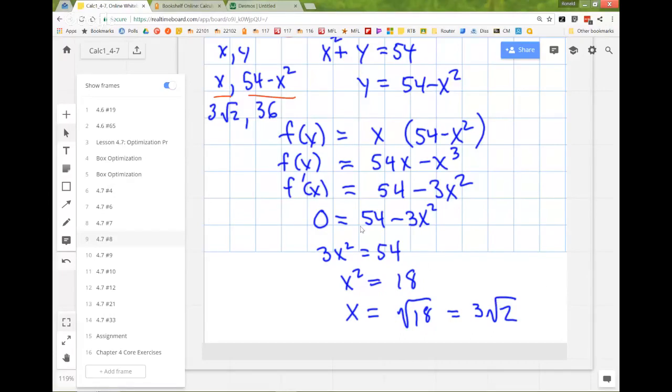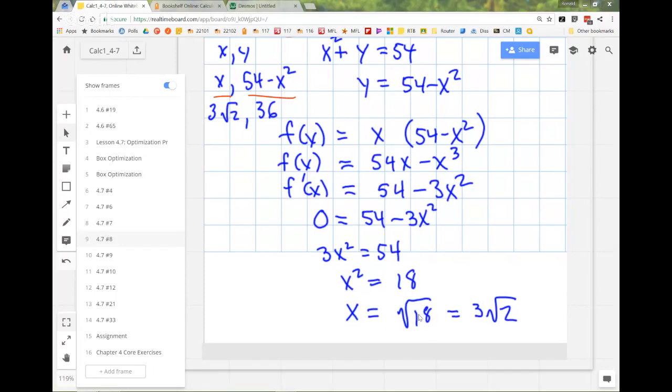That's the one number. What's the other number? You come back up here where the underlined red is. So if you take 3 times the square root of 2 and square it, what do you get?